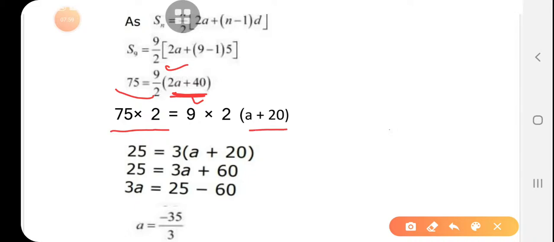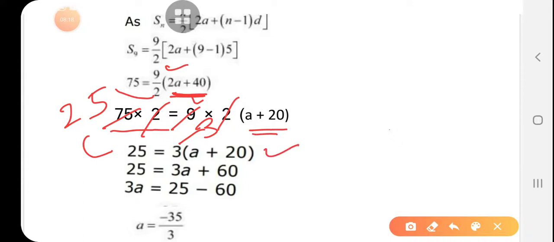So 2 cancels out, and again divide by 3: 9 divided by 3 is 3, and 3 into 25 is 75, so it will be 25. So here 25, and on the right side we got 3 into (a plus 20). Multiply 3 with each term, so we got 3a plus 60.